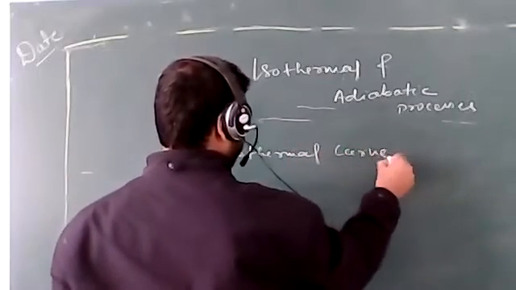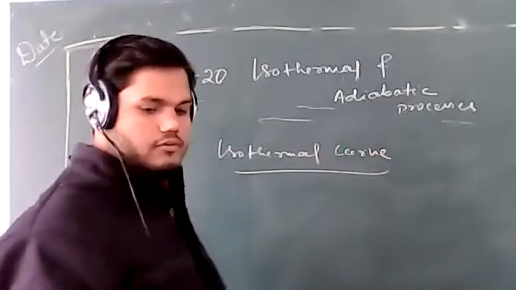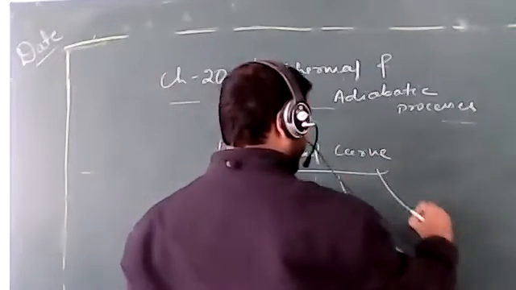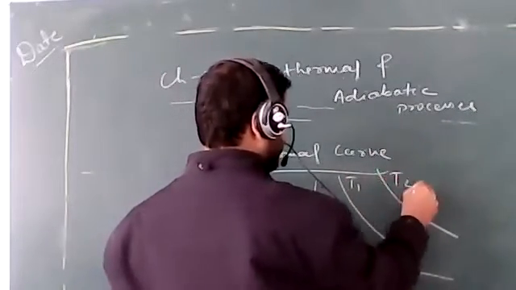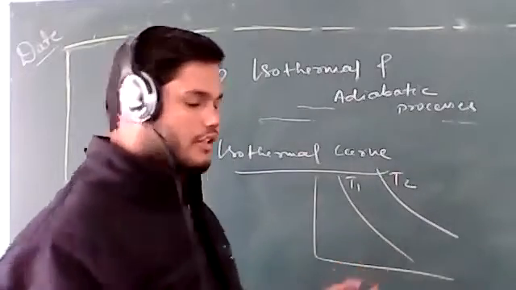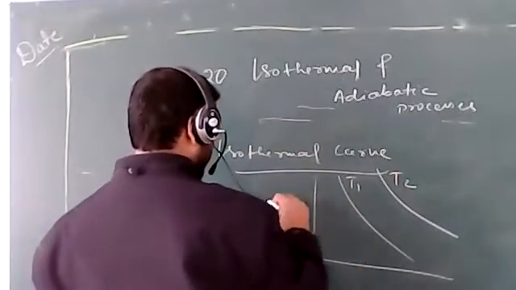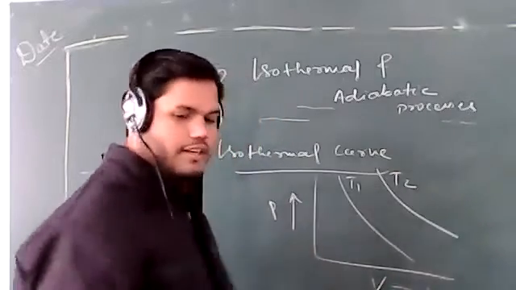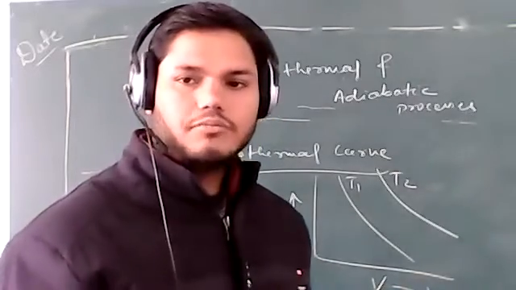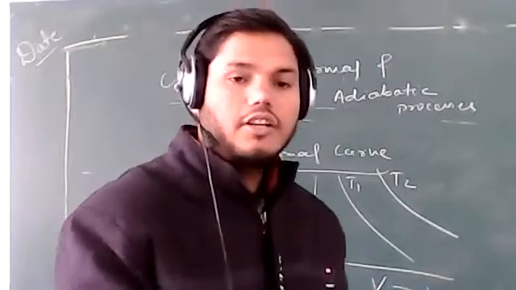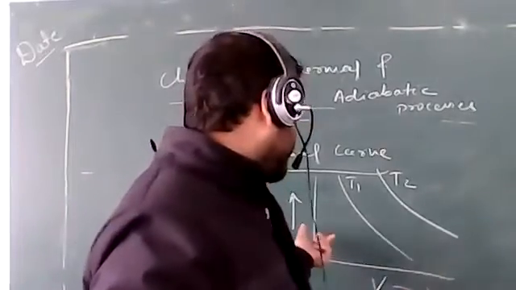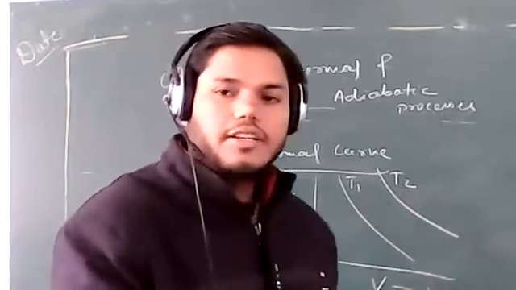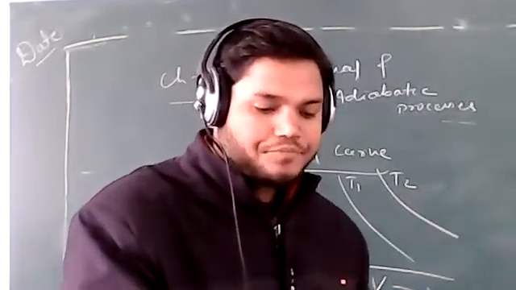The curve shows the graph between pressure and volume at different temperatures, T1 and T2.